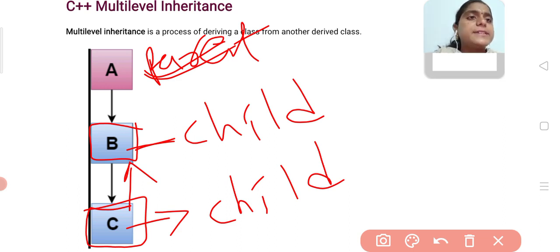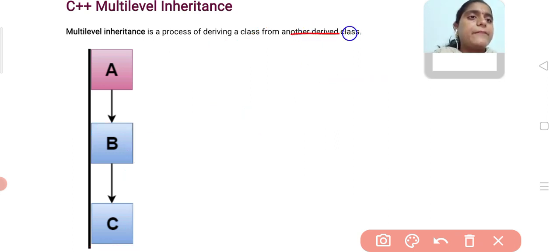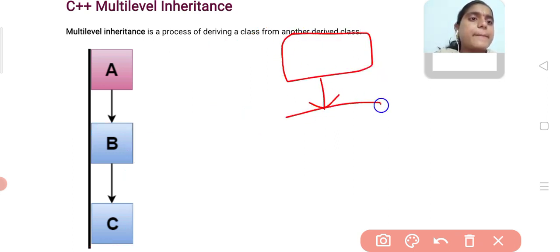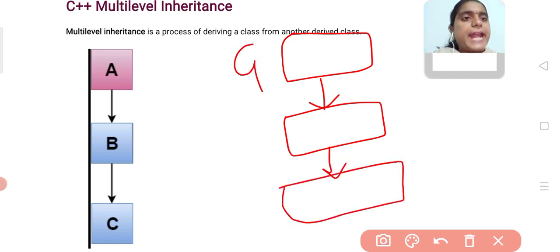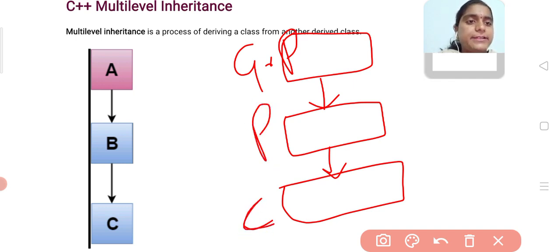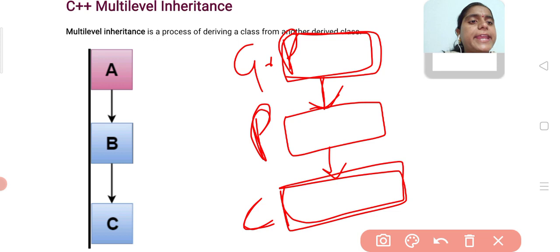For suppose, see one real-time example. Here we have three classes. This is grandparent, this is parent, and this is child. Here this parent takes the properties from this grandparent, right? And again this child is taking the properties from this parent.